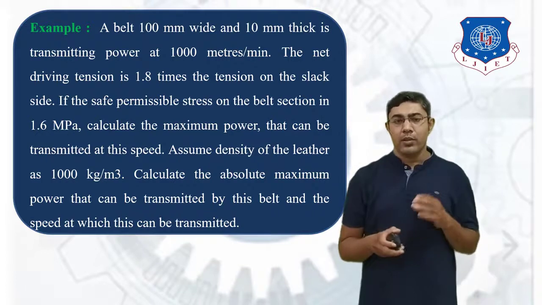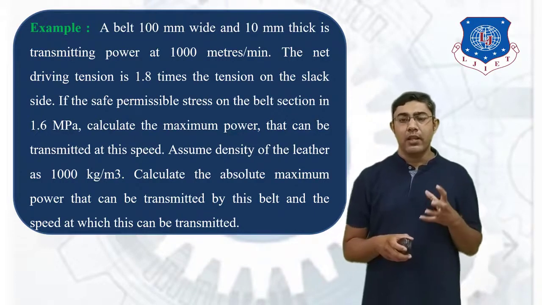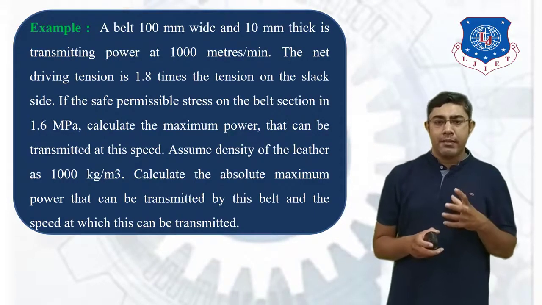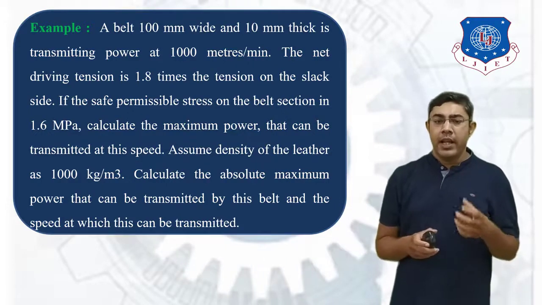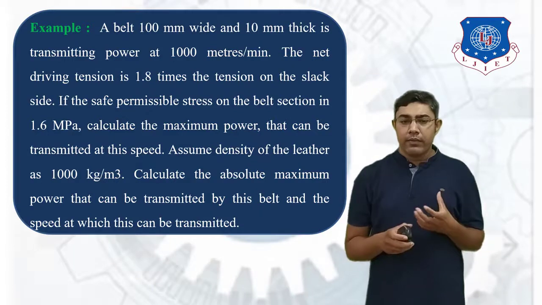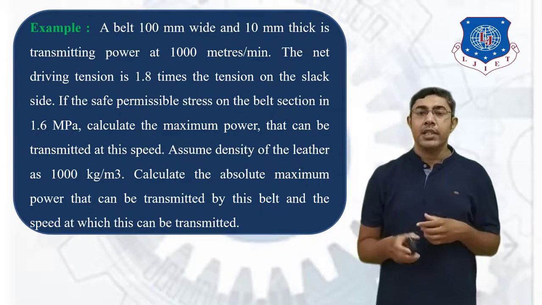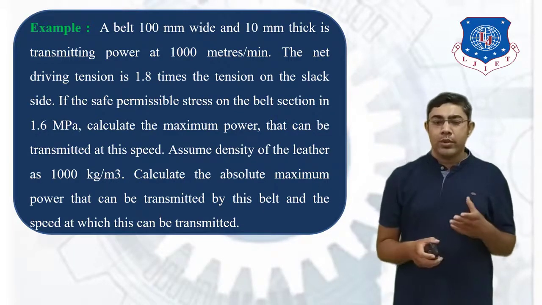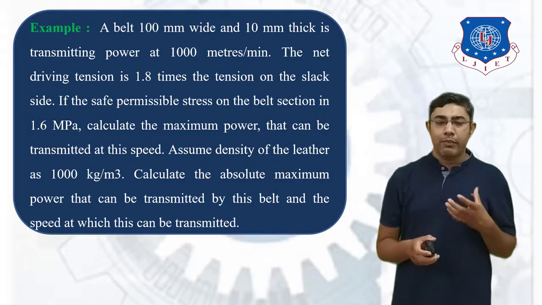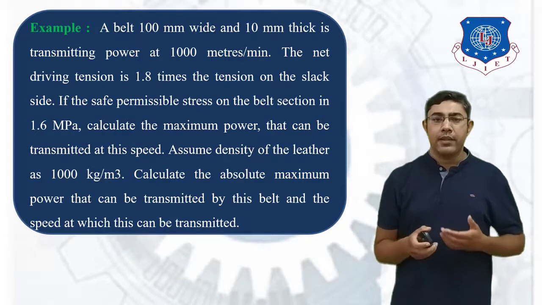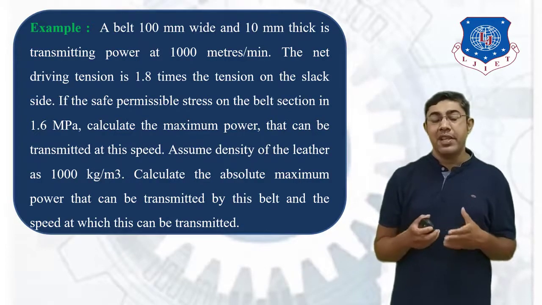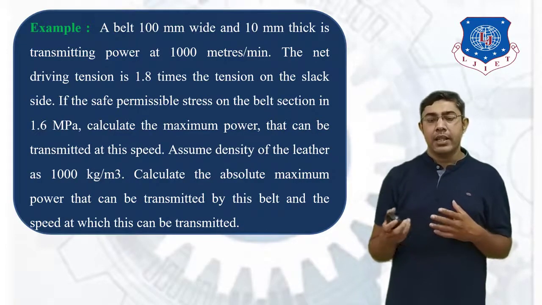So first of all, we have to calculate the power transmitted by the system according to this speed. Assume the density of leather as 1000 kg per meter cube. Also calculate the absolute maximum power that can be transmitted by this belt and the speed at which this can be transmitted.